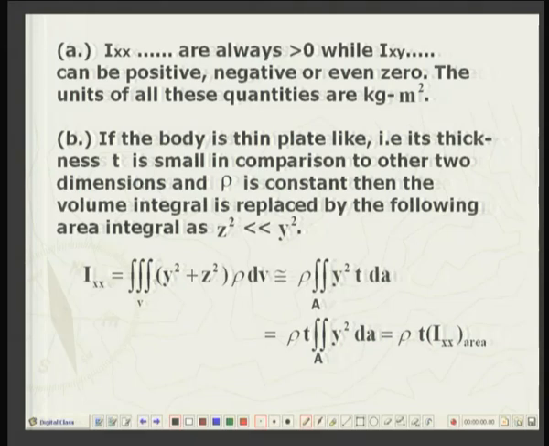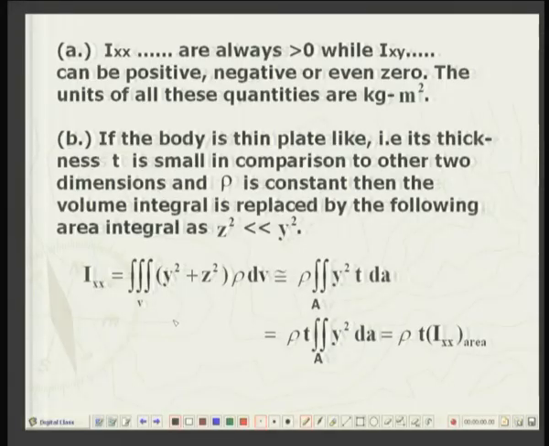Then the volume integral is converted into an area integral by taking T and rho outside. Since the body is thin, the z coordinate of any point of the body will be much smaller than the y coordinate, and z square will be even tinier than the y square quantity.